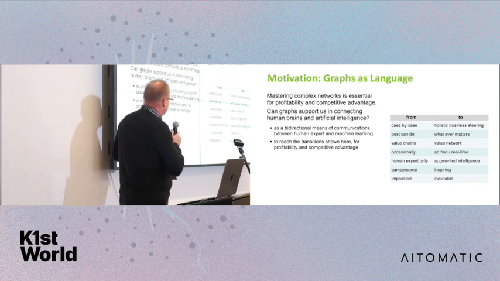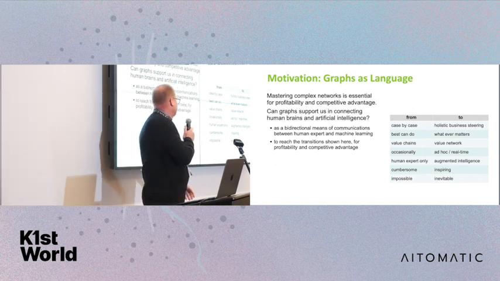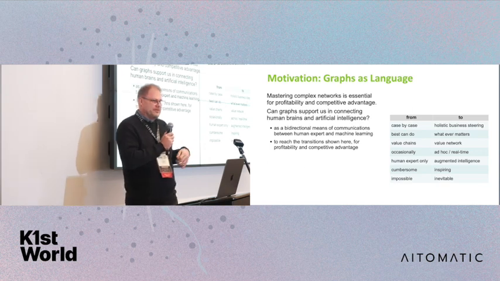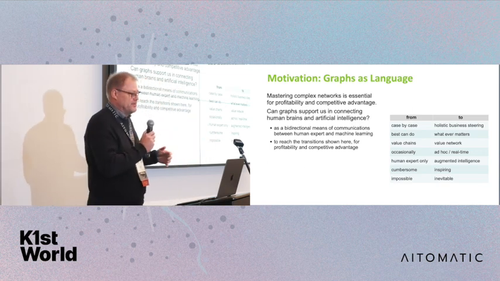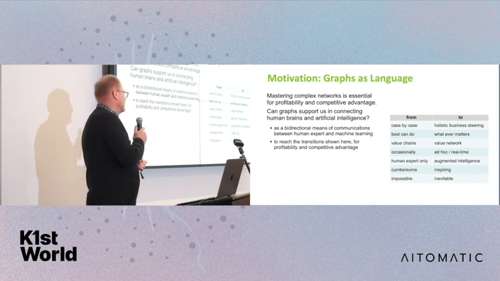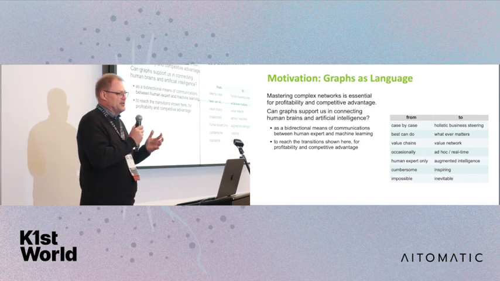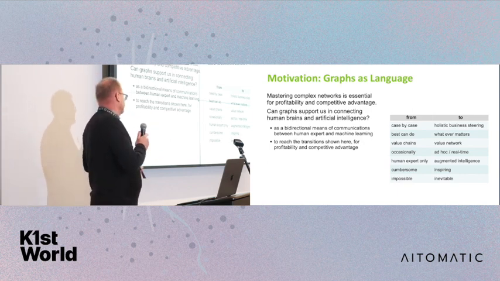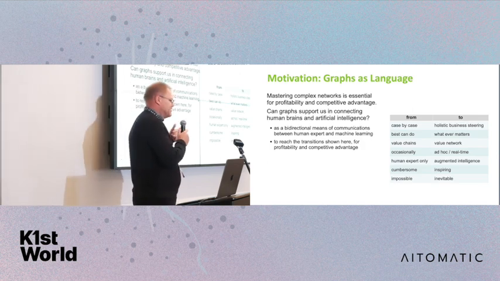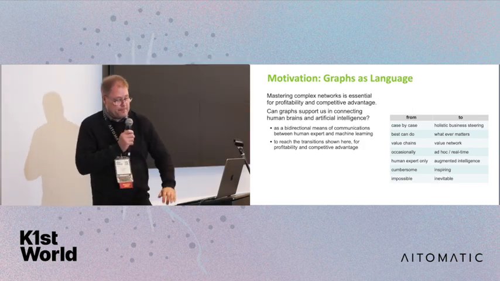And from the goals that we follow, we often do today case-by-case optimizations. Could we use that for a more holistic way to steer our business, taking everything into account? And move from this more or less best-can-do approach to something like a really global optimization. We often do those things optimizing a single value chain for a product.